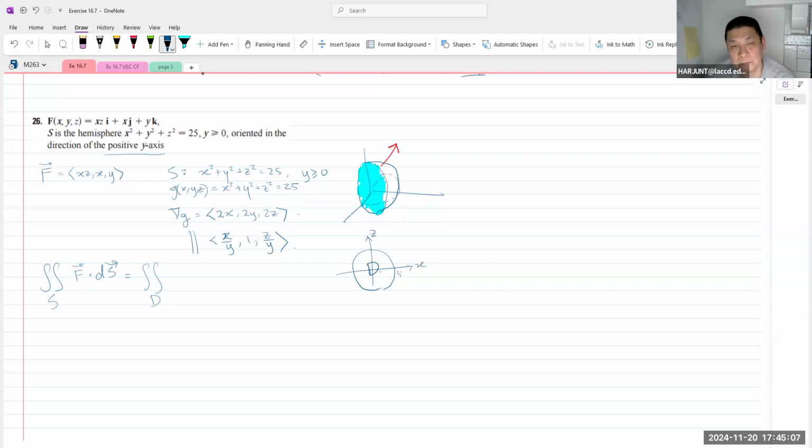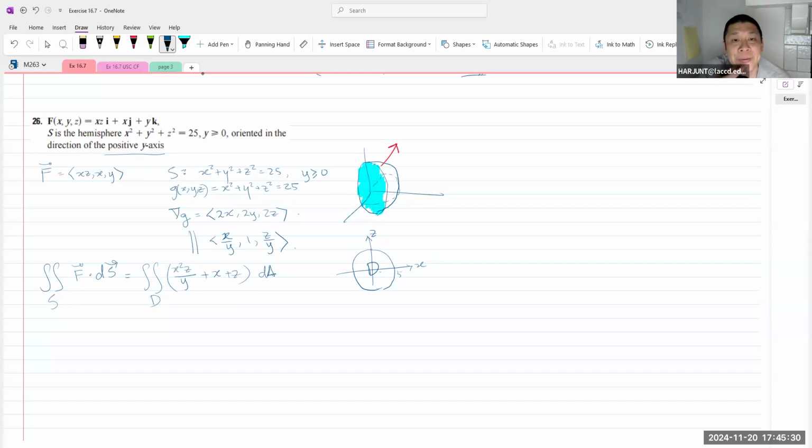That's our D. And then when we do the dot product, we get x squared z over y plus x plus z dA.